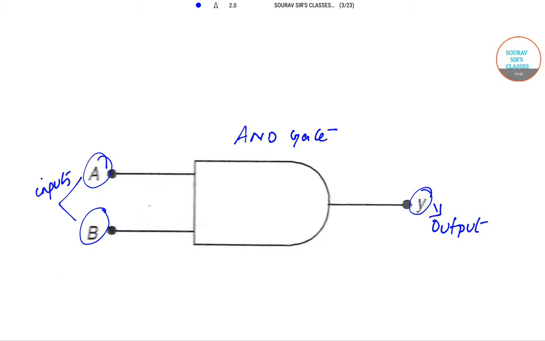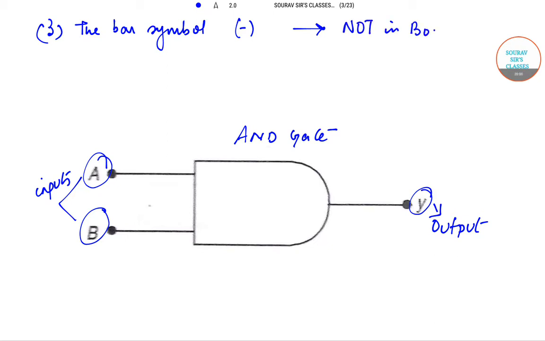Now we have already discussed two symbols, so we will discuss the third symbol. Now the bar symbol, which is given by this, is referred to as NOT in Boolean algebra.